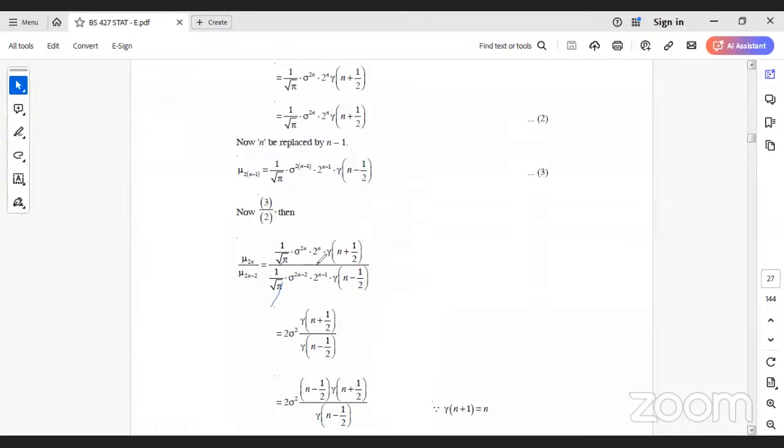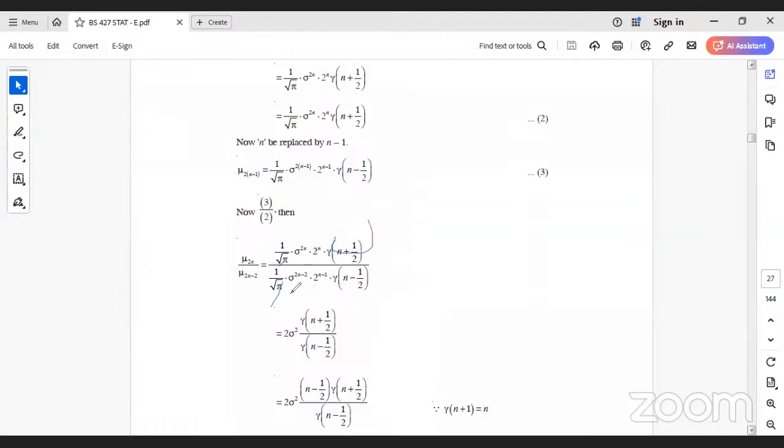Two sigma square. So simplification of this one, this is 2 sigma square gamma into n plus 1 by 2, n minus 1 by 2.